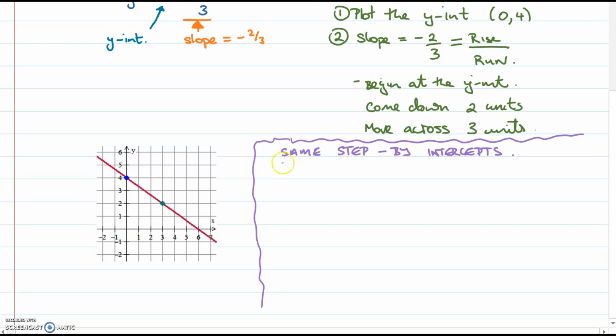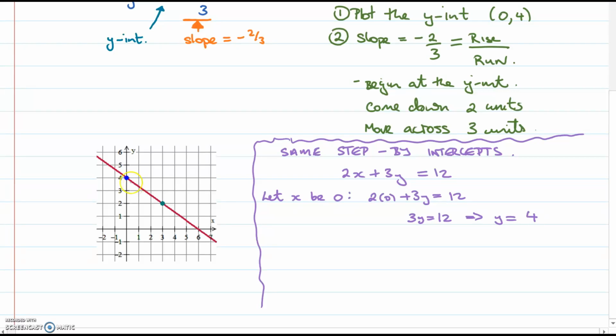Okay, so it was 2x plus 3y equals 12. So what we'll do is we'll let x be 0. Now if we put x equal to 0 into this equation, that gives you 2 times 0 plus 3y equals 12. 2 times 0 is 0, so 3y equals 12, so y is 4.